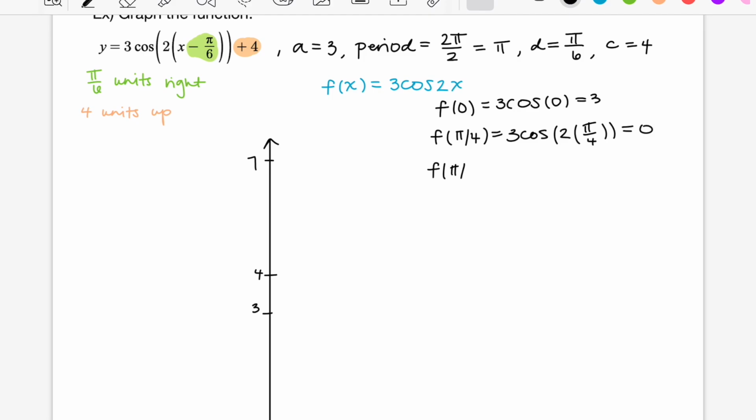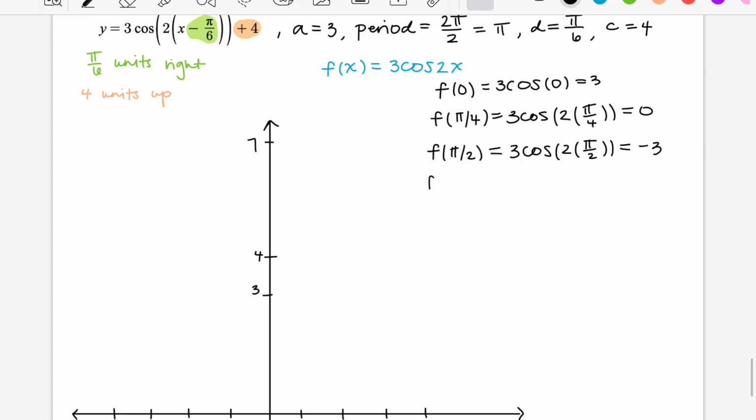Doing the same thing for pi over 2, we'll get 3 cosine of 2 times pi over 2, which will give us 3 cosine pi. Cosine of pi is going to be -1, so we'll get -3 here. Do the same thing for 3 pi over 4.